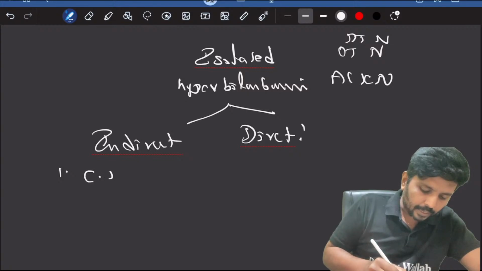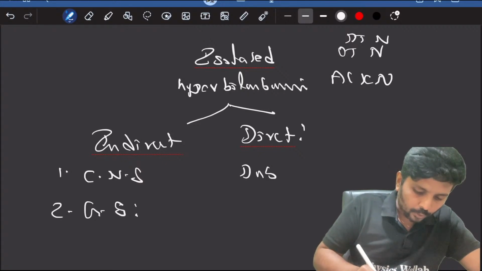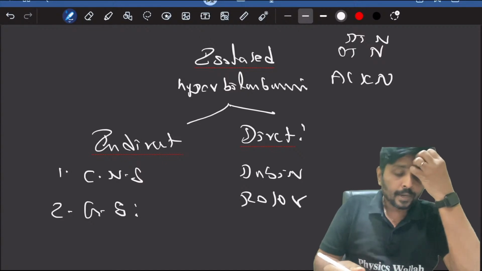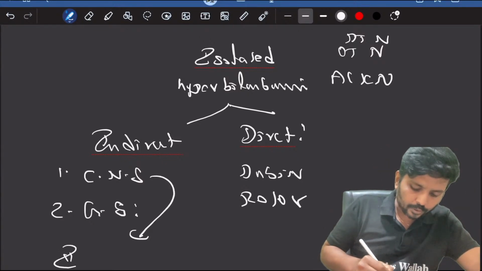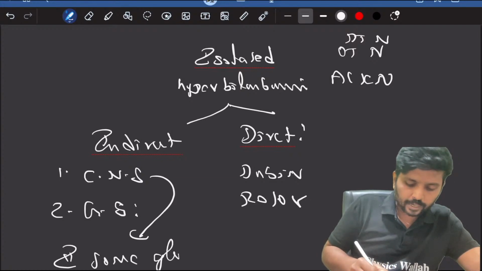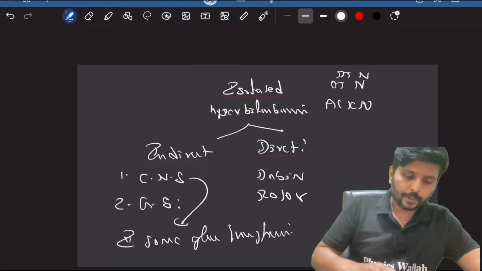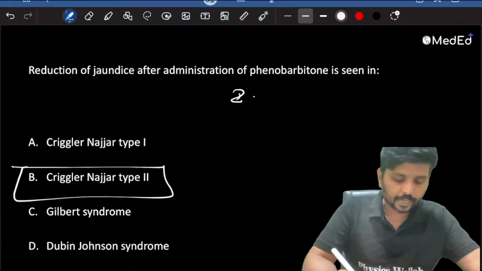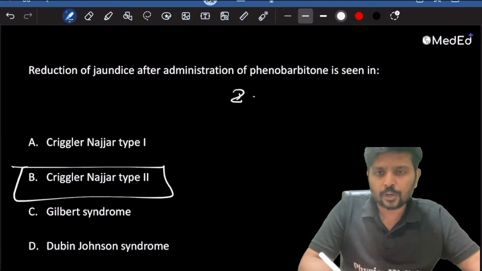Indirect means Crigler-Najjar syndrome and Gilbert syndrome, whereas direct means Dubin-Johnson and Rotor syndrome. In Crigler-Najjar type 2, there will be some glucuronyl transferase which can be stimulated by giving phenobarbital. So the answer for this question is Crigler-Najjar syndrome type 2, where phenobarbital can produce some reduction of jaundice.